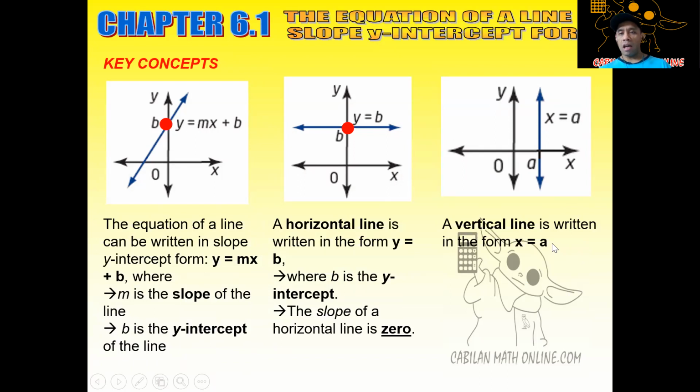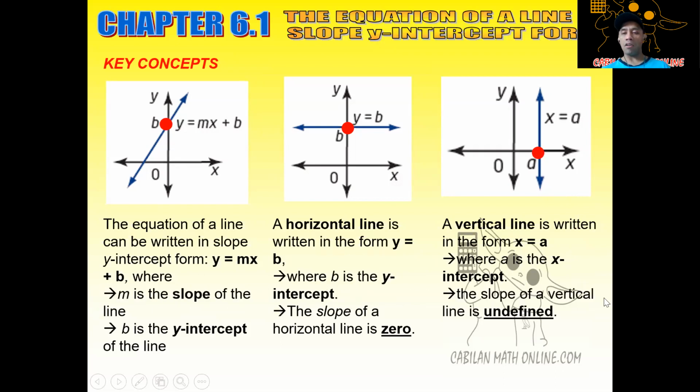Also notice that the equation of a vertical line is the only one that starts off with x equals. So wherever the vertical line touches the x-axis, that will be the equation of the vertical line, and I've designated that with a red dot.